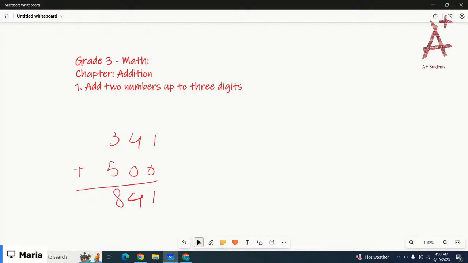Let's just do another example. You have to add 233 plus 662. So which is the correct option? How do you add? You have to start adding from the ones digit. So 3 plus 2 makes 5.